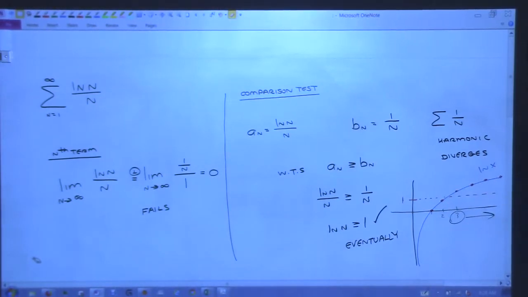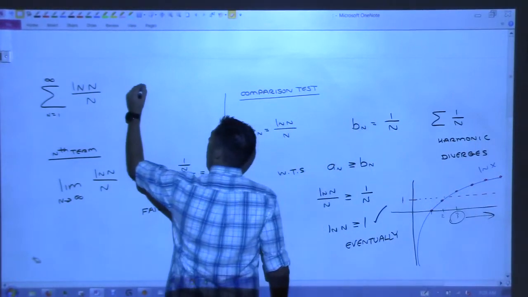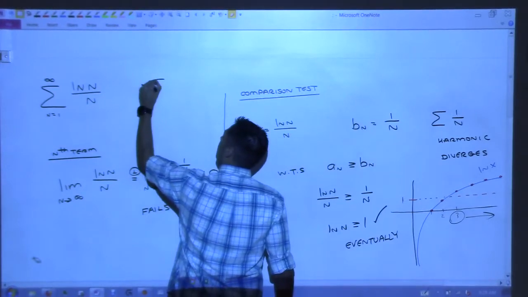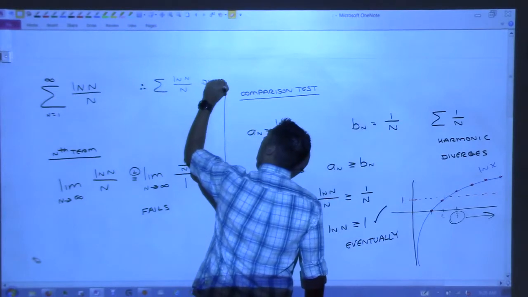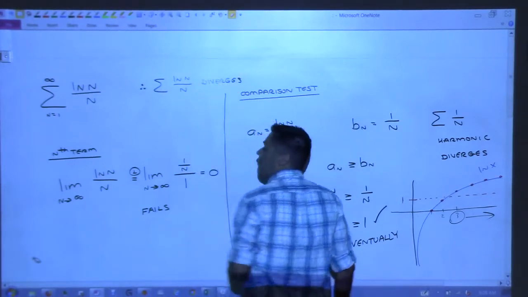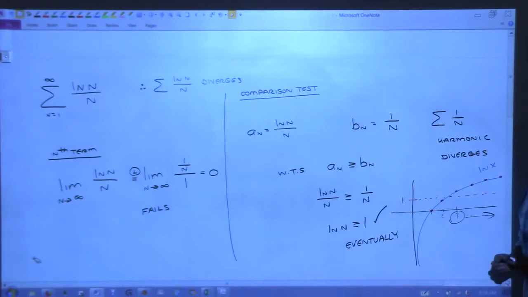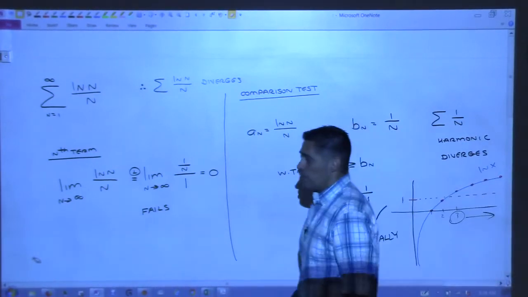The graph shows it's never going to come back below 1. So have we done everything we needed to do? Therefore, this thing diverges. It's for the first one also.